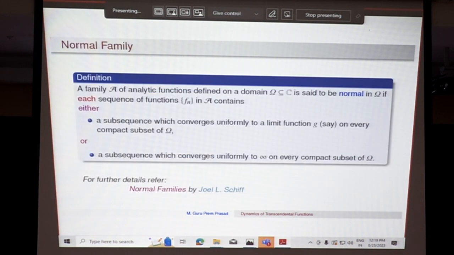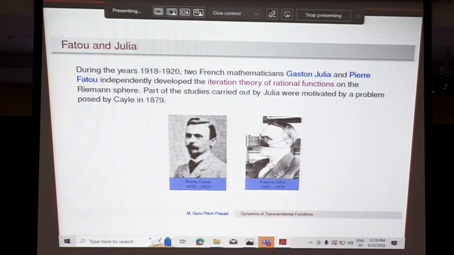So while studying the dynamics of analytic functions, the approach is totally different from nonlinear dynamics. For a function from R^n to R^m, the techniques are totally different. But if you have an analytic function, the iteration theory or dynamical system study is a totally different approach.